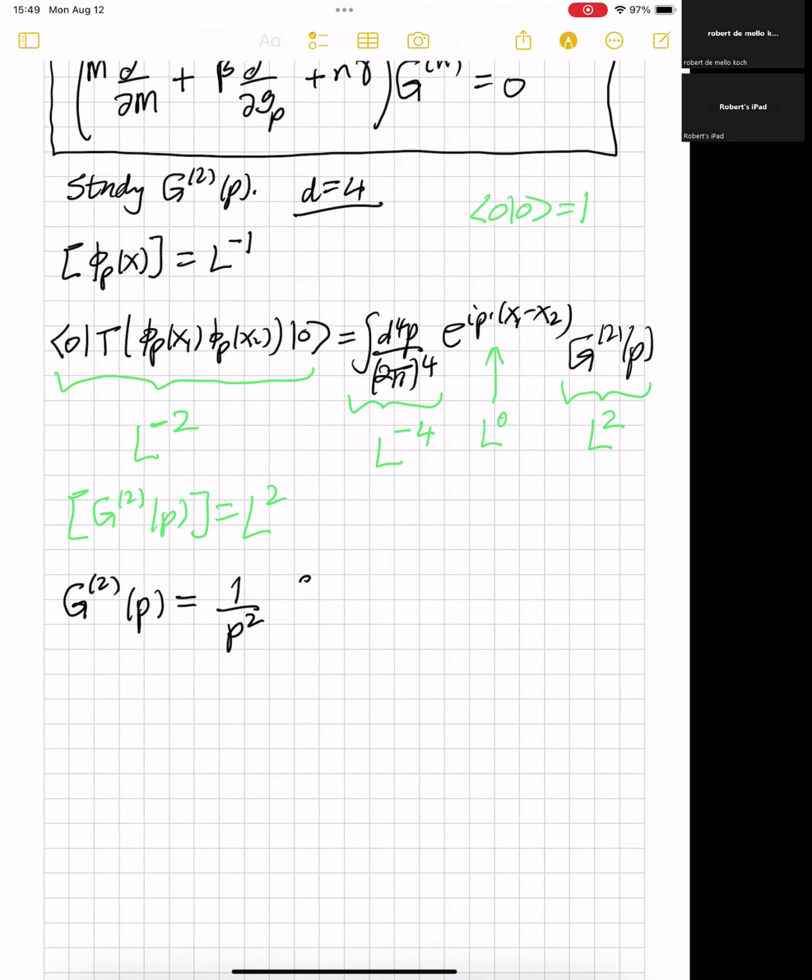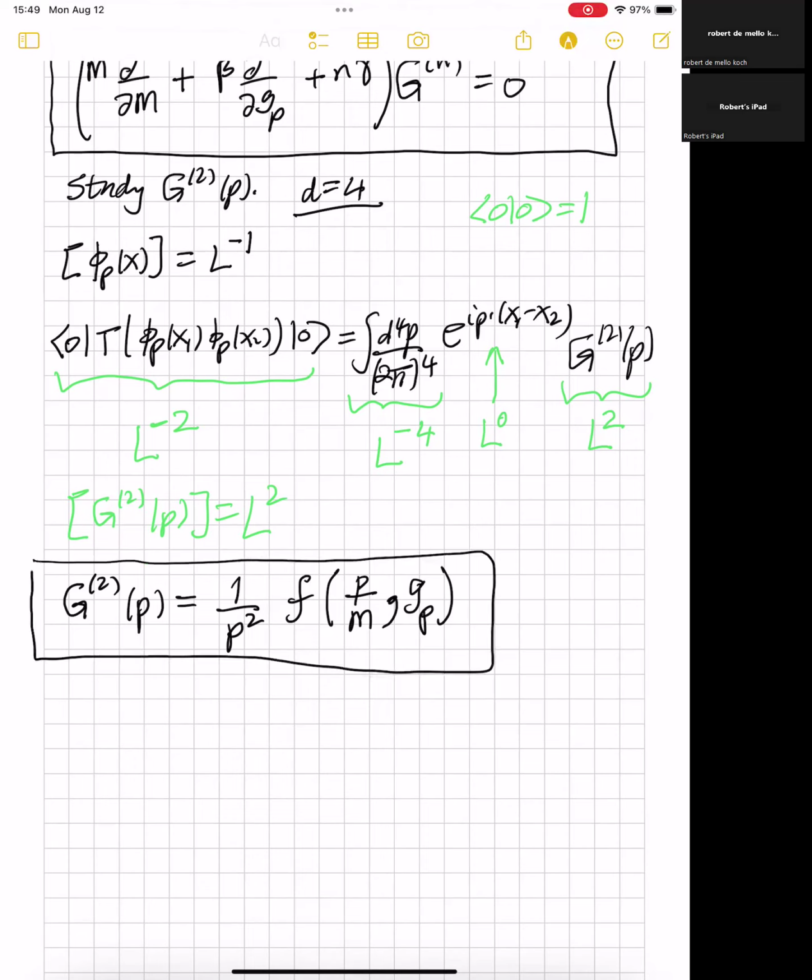And then this could be multiplied by any function of P over M. You see, that's dimensionless. I can depend on P over M in any way I like. And the physical coupling, g physical, which is also dimensionless. So the only content in this equation that I've just written down is dimensional analysis.